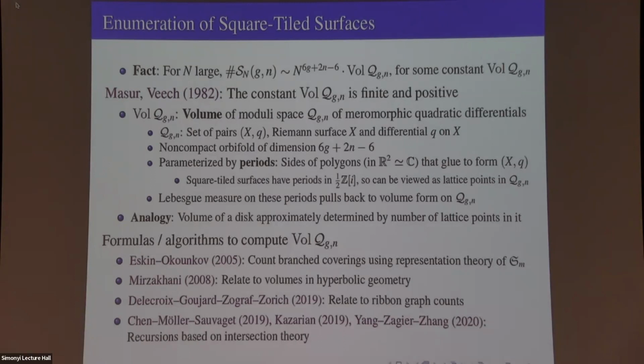I'm quite happy if you fix g and n and let capital N go to infinity, because there's an unknown constant there. But since you highlighted you can let g go to infinity, then how do you normalize the volume form? Have you normalized the volume of the quotient to be 1 or not? Well, I'm first letting that go to infinity, and then my job, as you mentioned, is to compute this Vol Q_{g,n}.